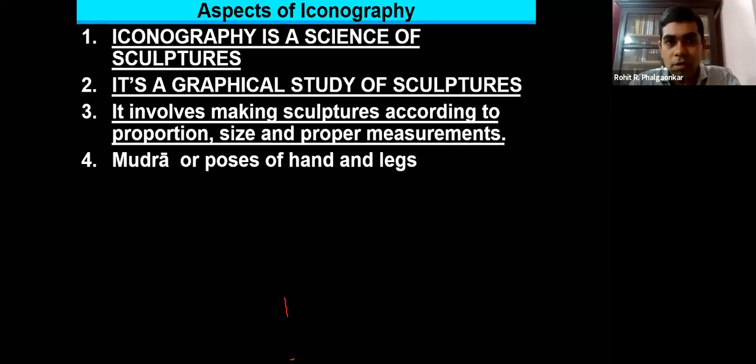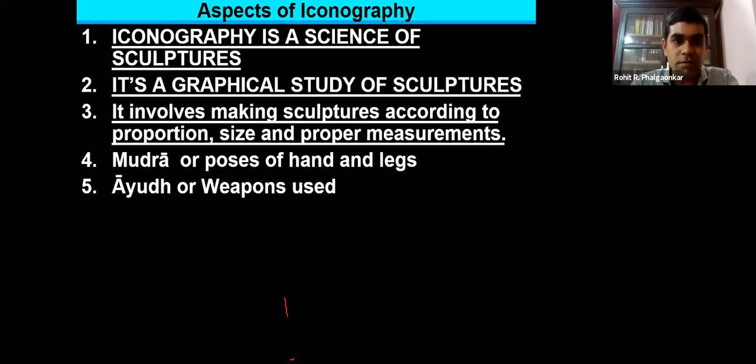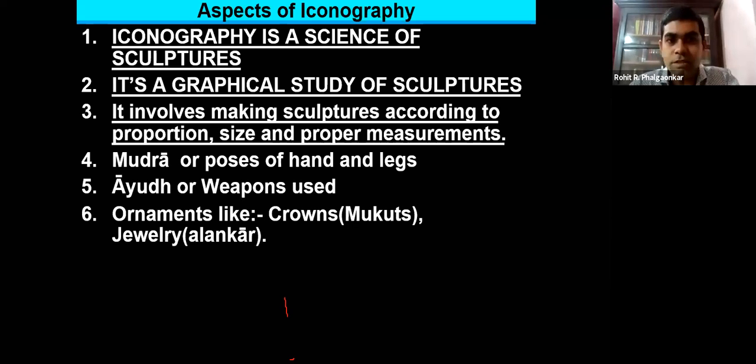Now, what does it involve? It involves mudra, or the poses of the hands and the legs. It includes ayudh, or the weapons which are used. It includes the ornaments like the crowns, jewelry, which is called alankar, and of course the vahan, or the vehicle of that particular deity.